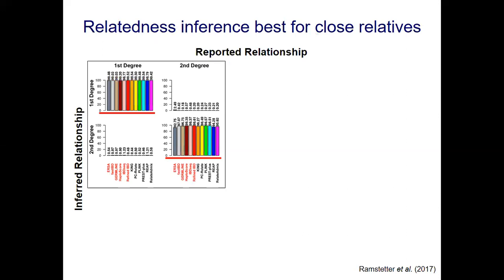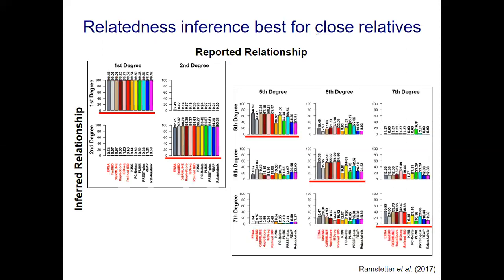So first and second degree relationship inference is extremely accurate with a host of different commonly used methods. However, when you go further out to fifth, sixth, and seventh degree relationships, so for example, fifth degree relatives include second cousins, sixth includes second cousins once removed, and seventh are third cousins.